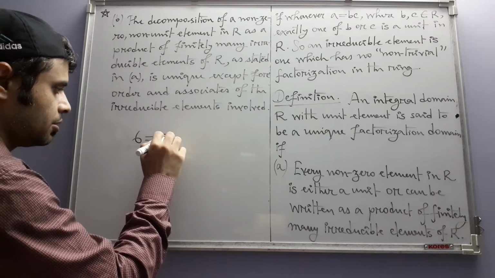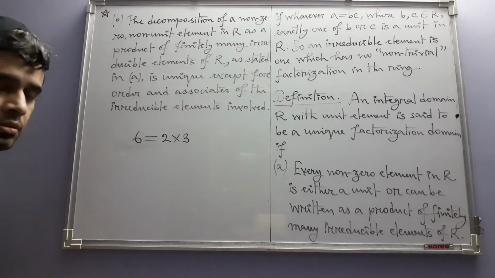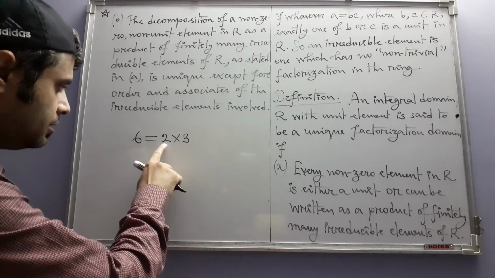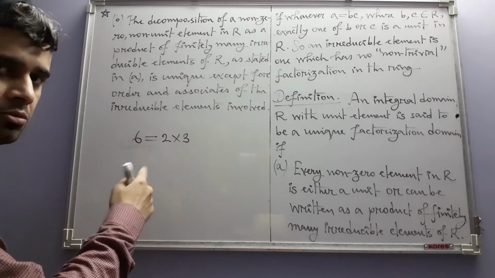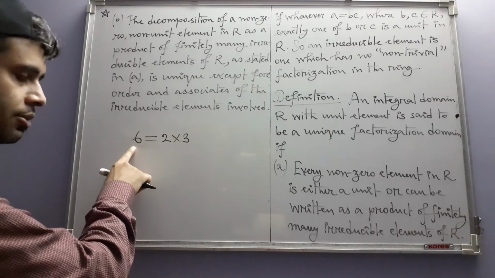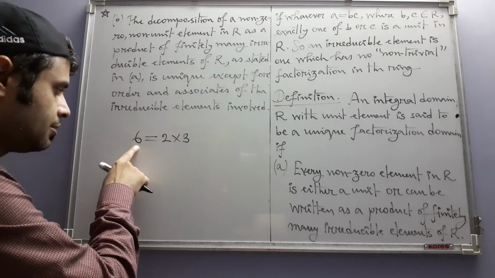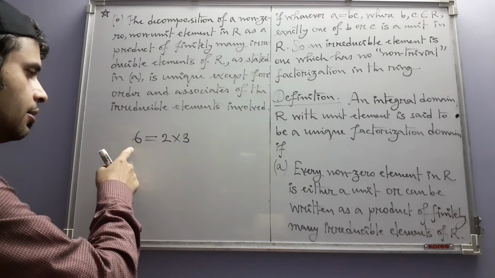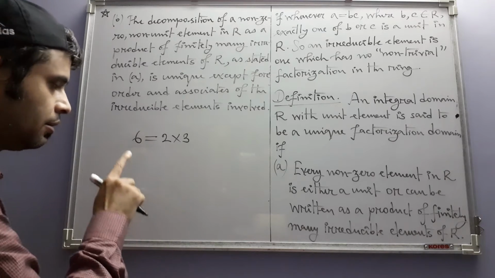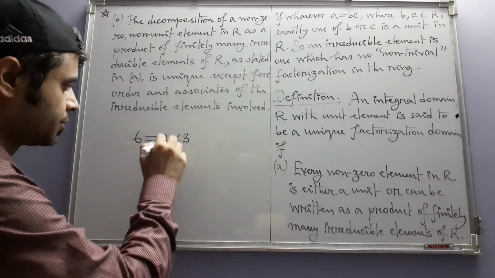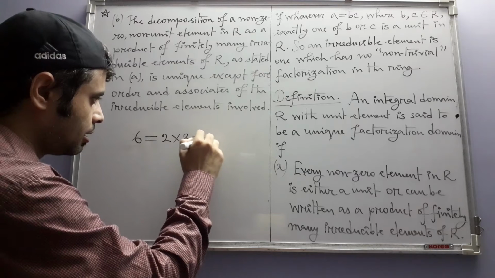Now 6 can be written as 2 times 3. These prime elements or irreducible elements in the integral domain of integers are appearing in the factorization of 6. And note that 6 is neither equal to 0 nor equal to a unit, because the units in Z are 1 and minus 1. Now you can change the order.